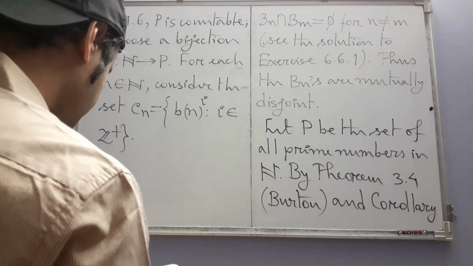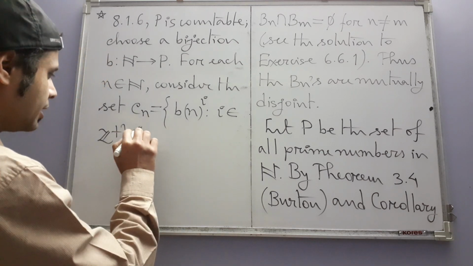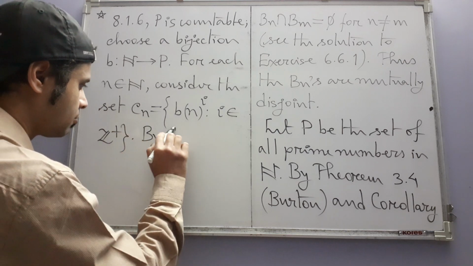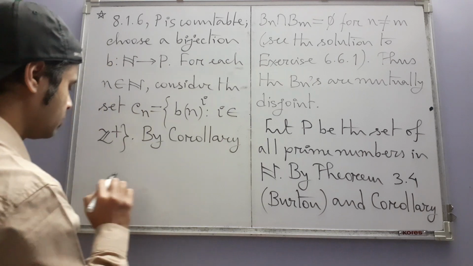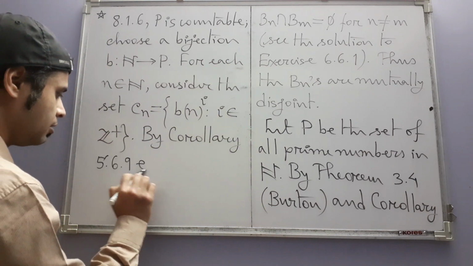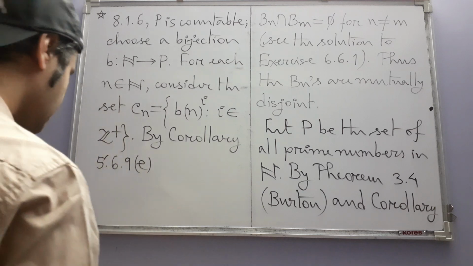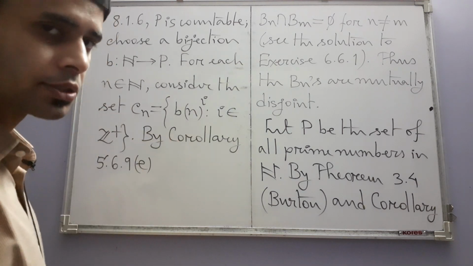Okay, now some facts are there about these sets. By corollary 5.6.9e, this is the corollary that gives us the rules of exponents.